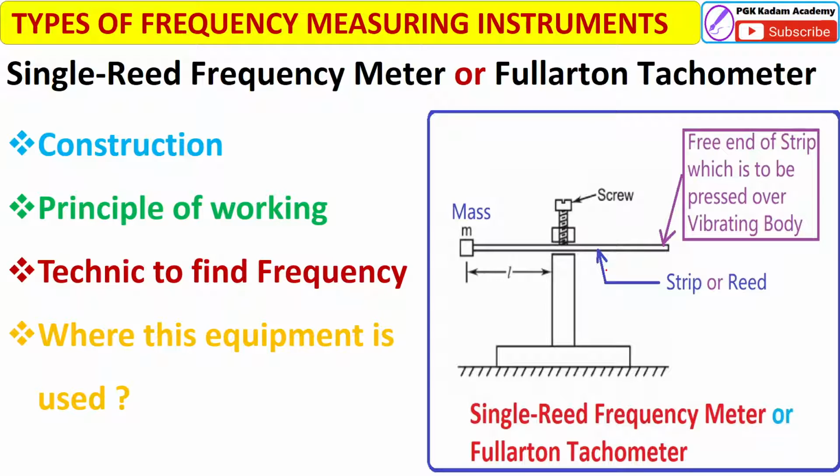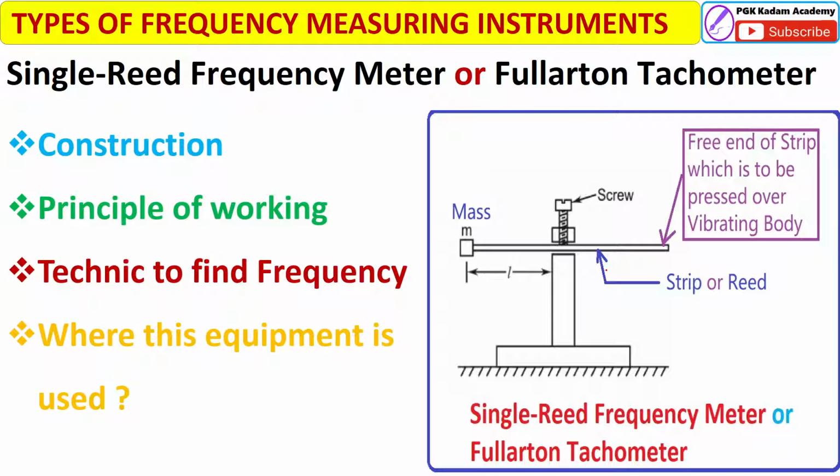At that instant, the excitation frequency of the vibrating body is equal to the natural frequency of the strip, that is, the resonance condition occurs. Since the reed is calibrated along its length in terms of natural frequency, the frequency of the vibrating body is read directly from the strip length.